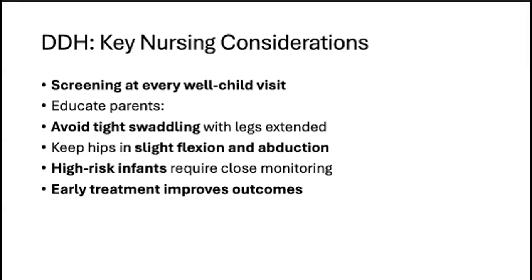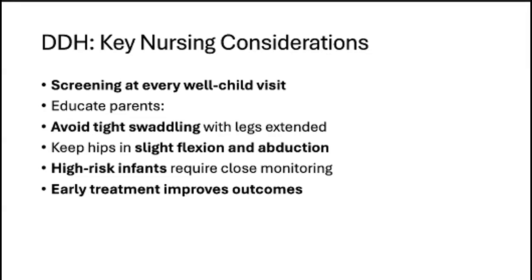So your key considerations, screening and early detection, performing hip assessment at every well child visit during the first year, educate parents about risk factors, emphasize importance of proper swaddling techniques, hips in slight flexion and abduction. Parental education, avoid tight swaddling with legs extended, avoid forced or sustained passive hip extension in the first few months, maintain infants' knees in slight flexion during swaddling.